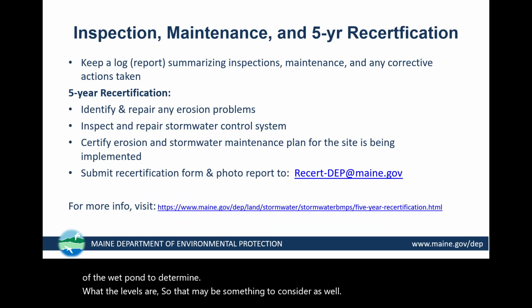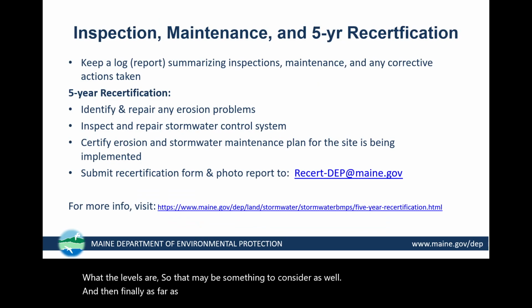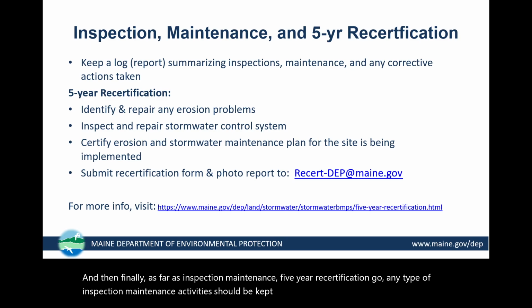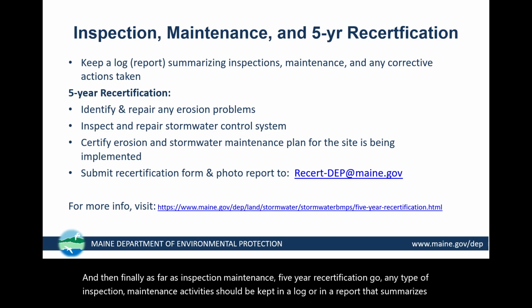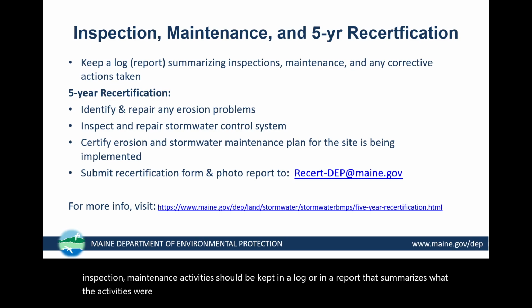And then finally, as far as inspection, maintenance, and 5-year recertification go, any type of inspection and maintenance activities should be kept in a log or in a report that summarizes what the activities were. So what the inspection was, the maintenance actions or activities, any corrective action that was taken, that should be logged and documented.